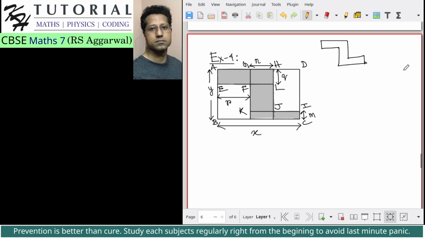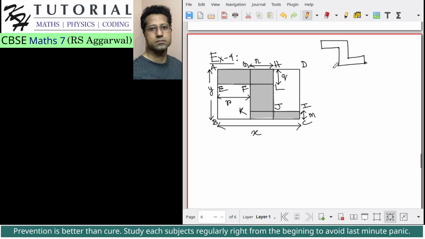Okay, now let's first use the method where we directly find the area of the shaded region. So I have this n, R, Q. Let's see if I can divide the shaded region into some rectangles or squares which do not have any overlapping areas.